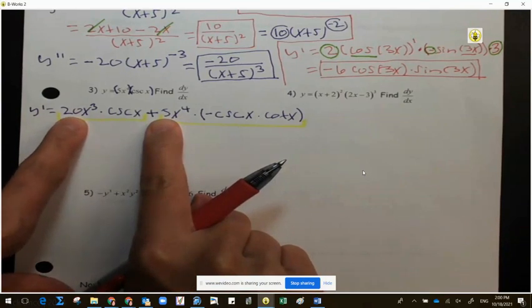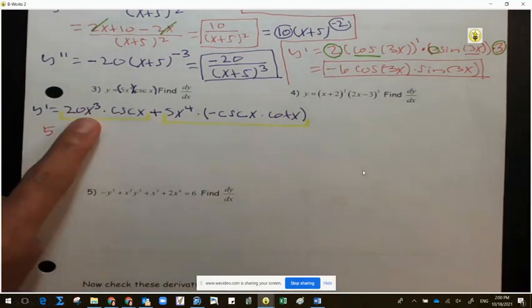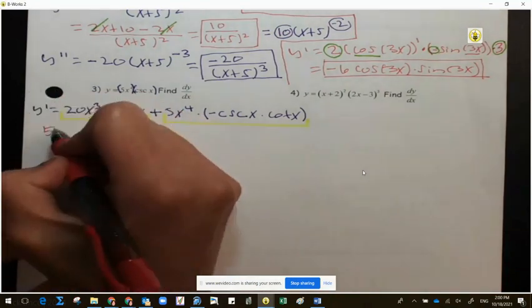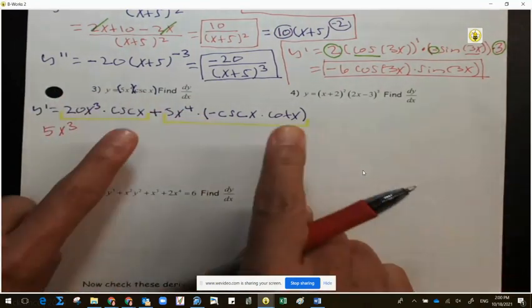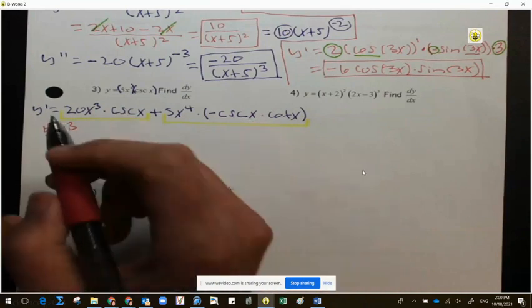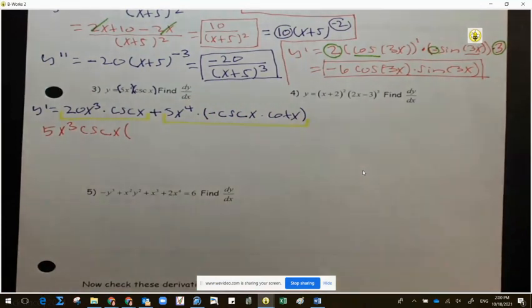What's my GCF of 20 and 5? 5. Take it out. x cubed and x to the 4th, which is my GCF? x cubed. And then looking at our trig function, what is common between these two that I could take out? Cosecant. Now open your parentheses, and everything that is remaining is going to go inside the parentheses.